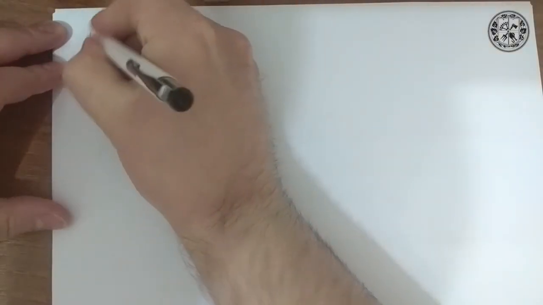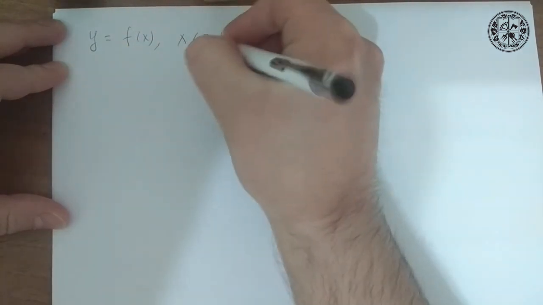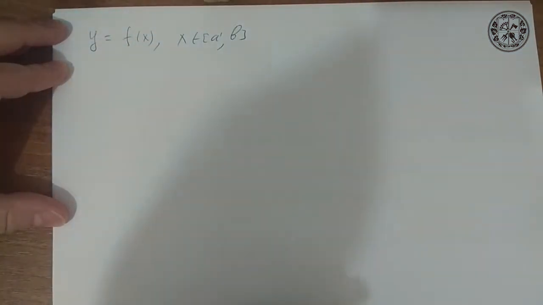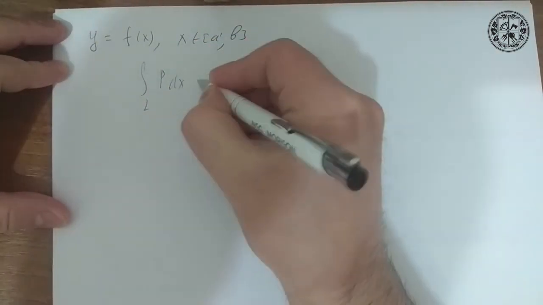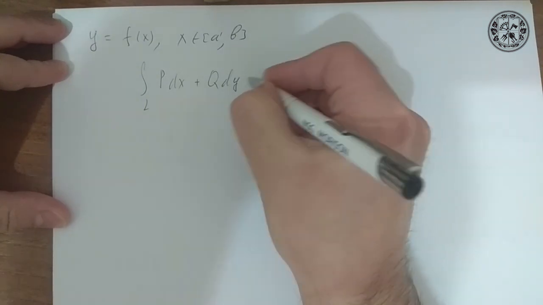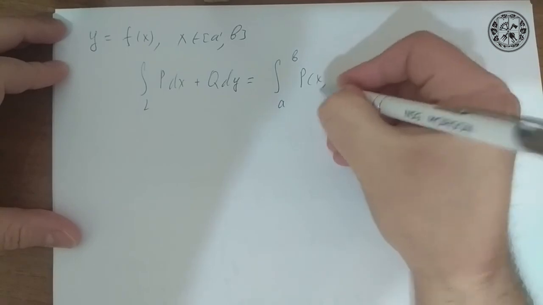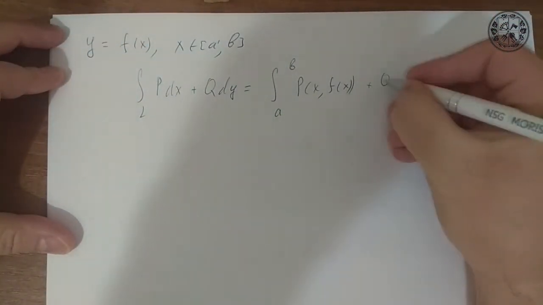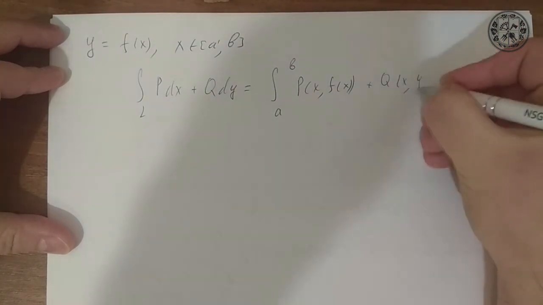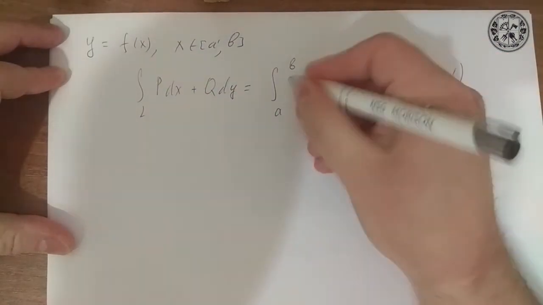If we have a curve that's specified by the equation y equals f of x, x from A to B, then we can transform the integral over L of P dx plus Q dy into the next form: the integral from A to B of P of x, f of x plus Q of x, f of x, f prime of x dx.